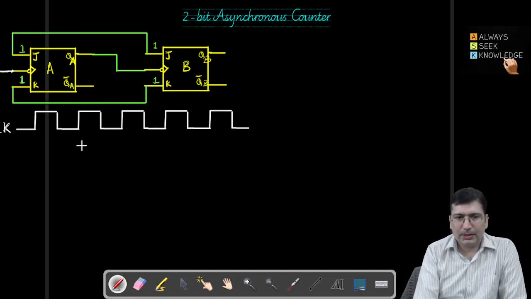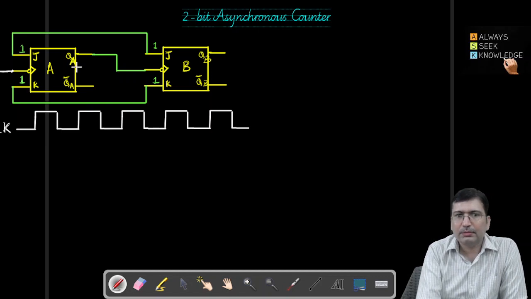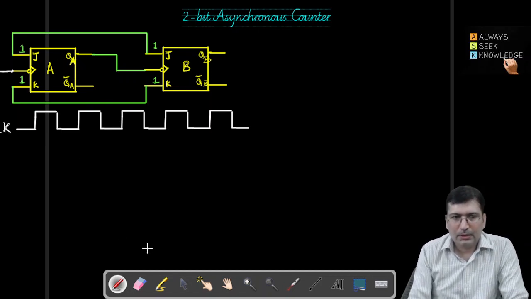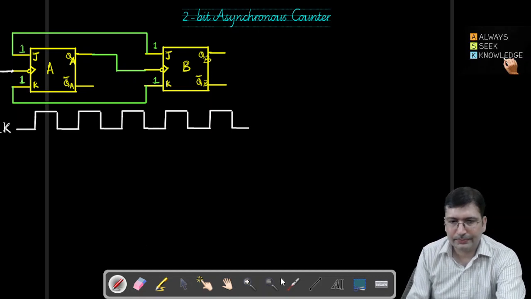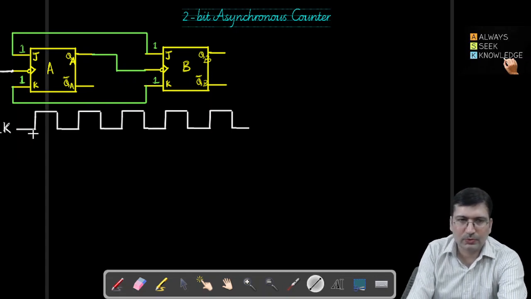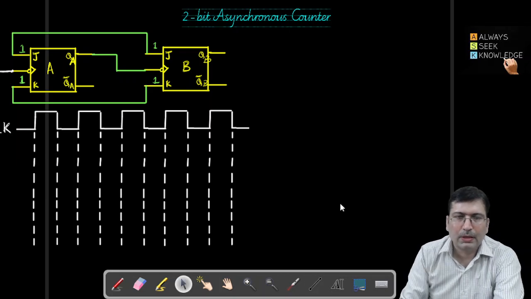Now in terms of the clock, let's try to draw the timing diagram for QA and QB here. So let's draw it. When we draw it, it will look like this.